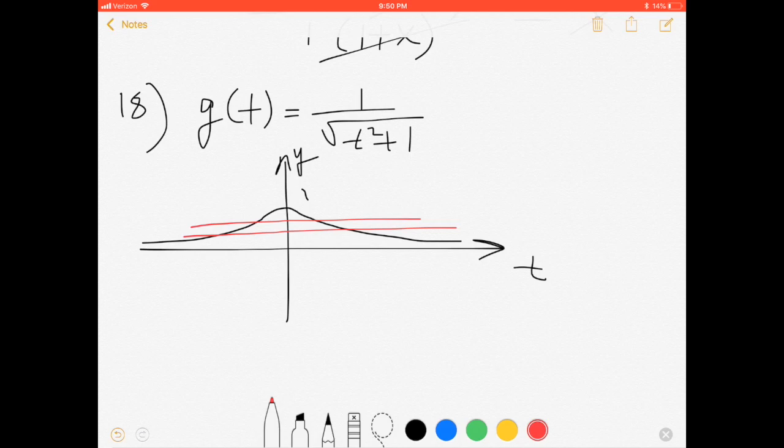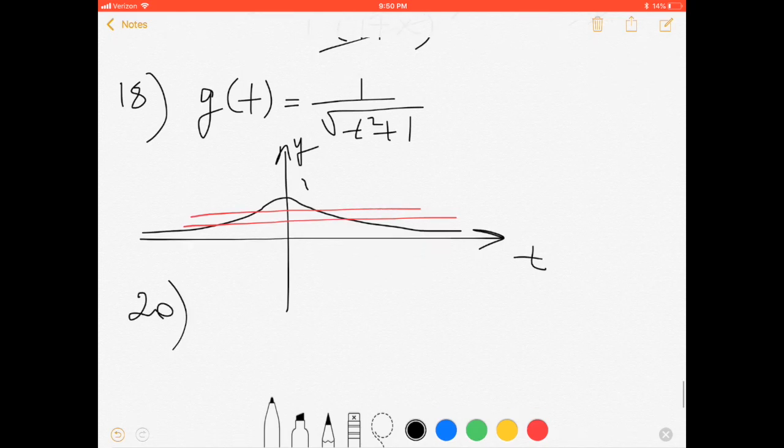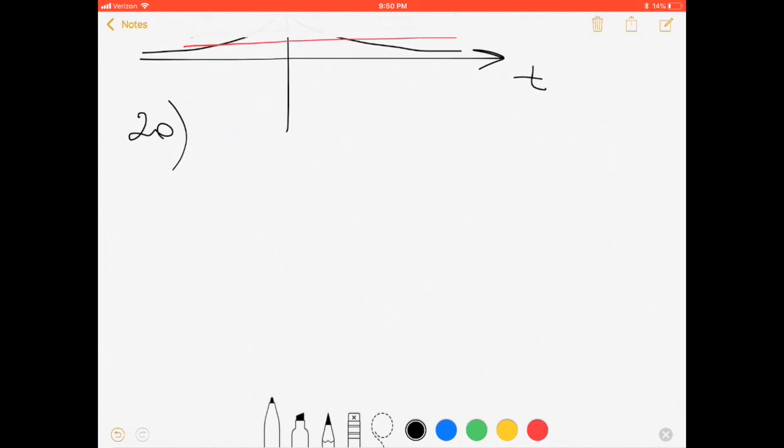Okay, we continue work. One more example. Number 20. My function is f(x) = 5x square root of x minus 1. It looks very scary.